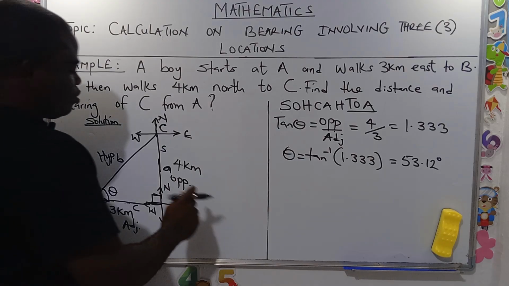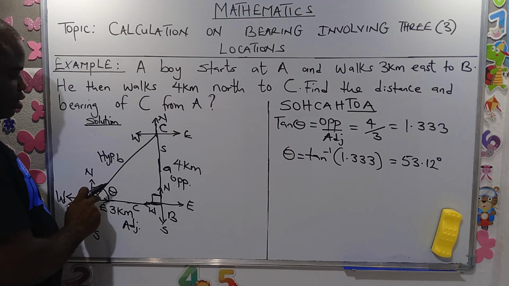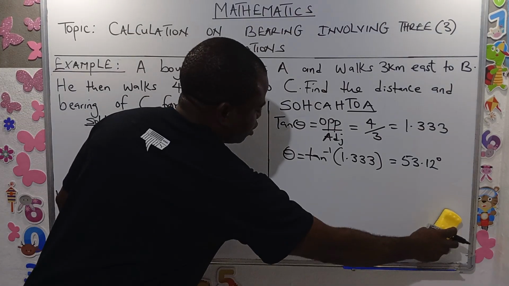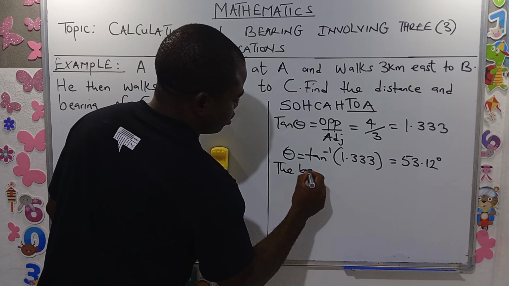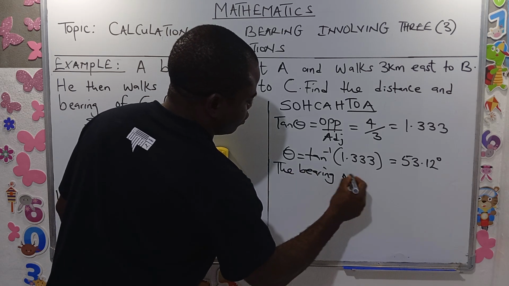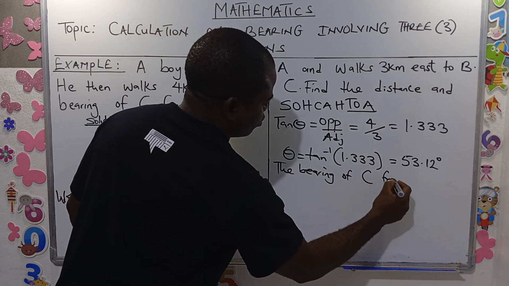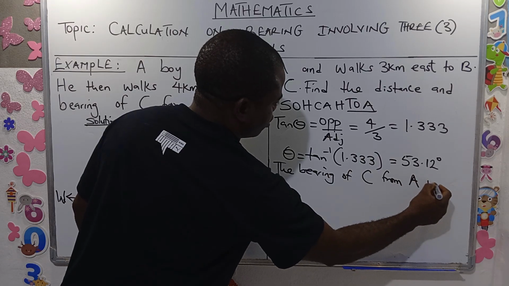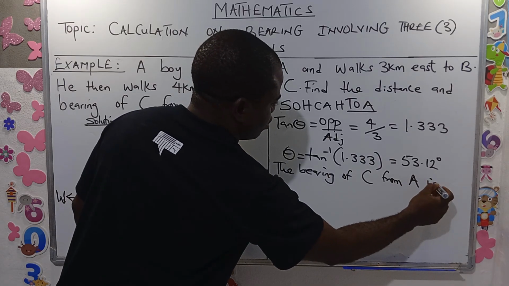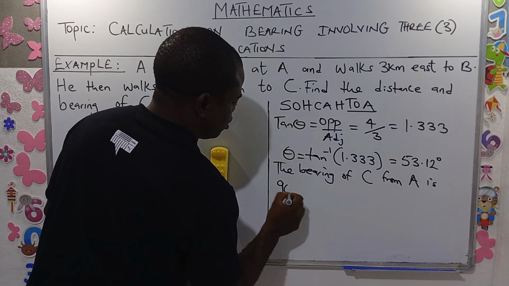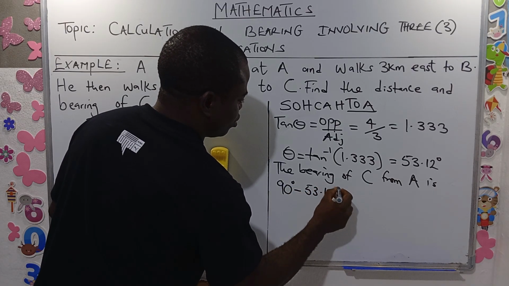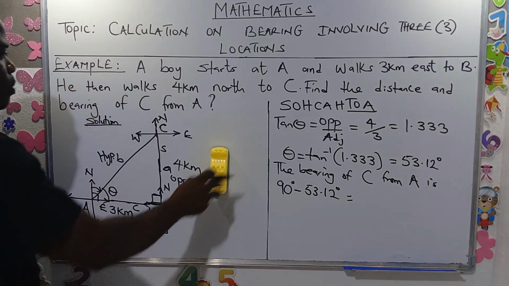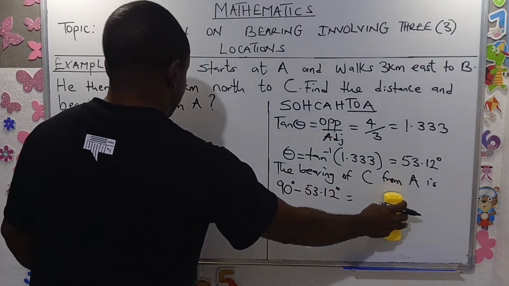Now to get the bearing of C from A, the bearing of C from A is 90 degrees minus 53.12 degrees.